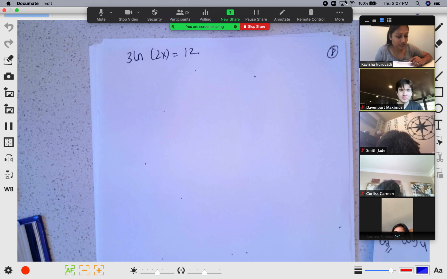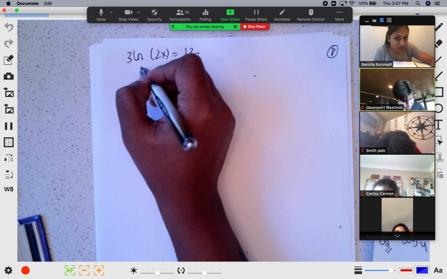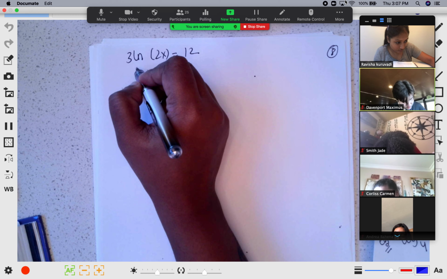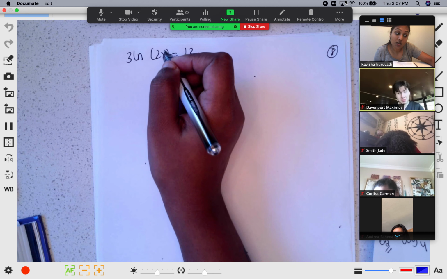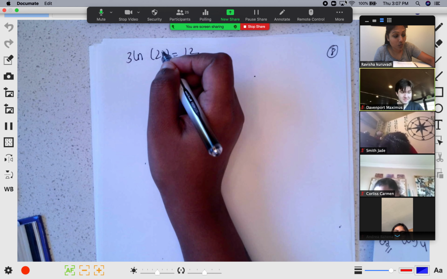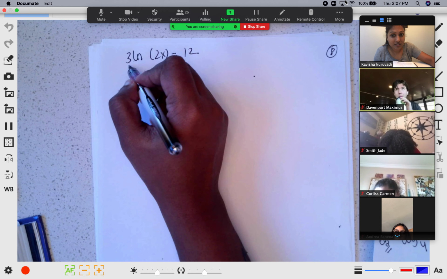I'm a bit unsure, but would you put the 3 back into a power instead of in front, or would you leave it as is? You can do that also. That's not wrong. What you can do is 3 is multiplying this whole thing, right?